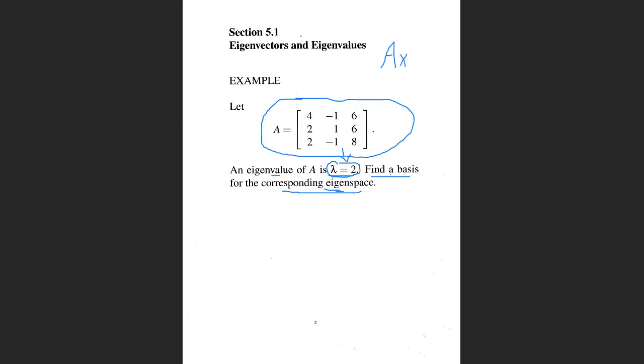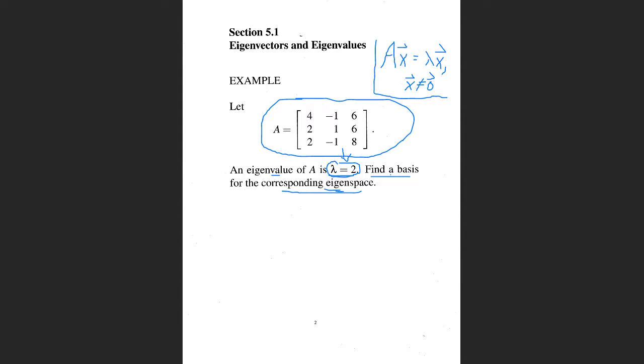If you have A times X equals lambda times X, where the vector X is non-zero, then you have an eigenvector.